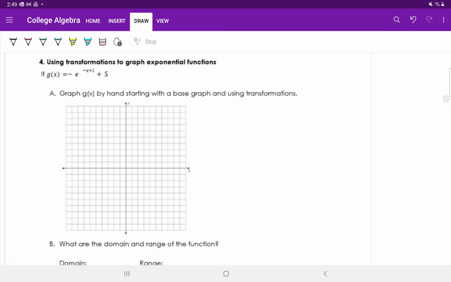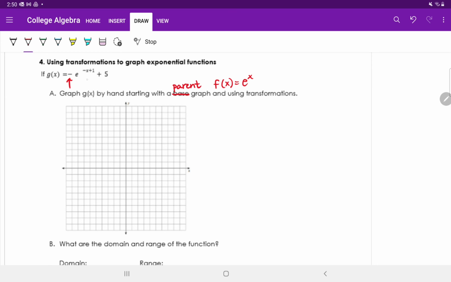In number 4, we are starting from a parent function. I don't know why it says starting with a base graph. We've always, all year long, called these parent functions. So we're going to start with our parent graph, and our parent graph will be f of x equals e to the x. And then use transformations.